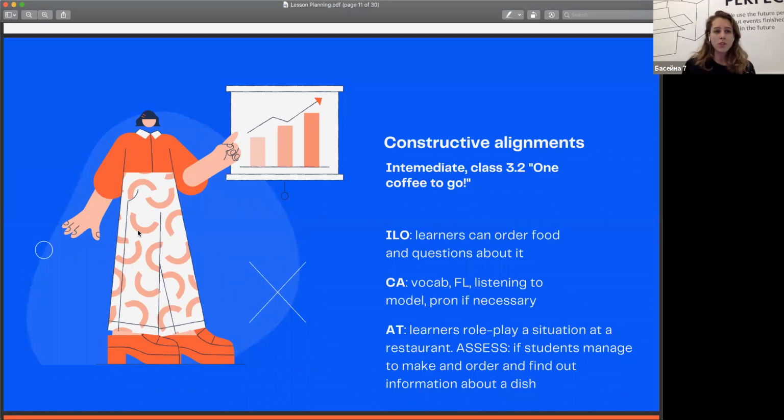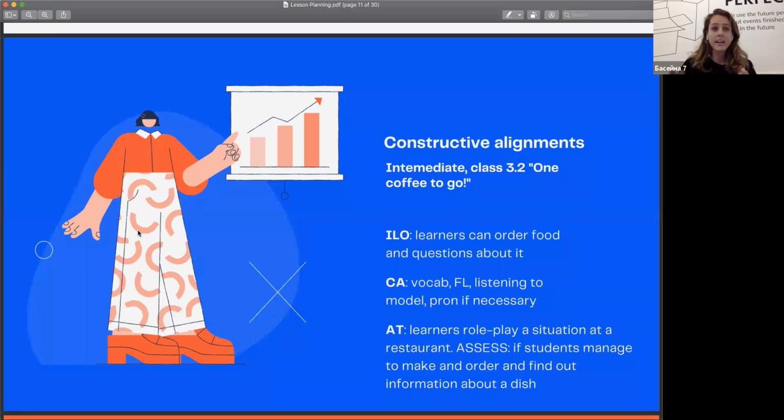It can be a listening model, so it's actually the model for them to listen where people order some food at a restaurant. And if necessary, we can include pronunciation, and it can be work on the intonation, or maybe some connected speech features, anything, but still related to the phrases and functional language, which is used for intended learning outcomes.